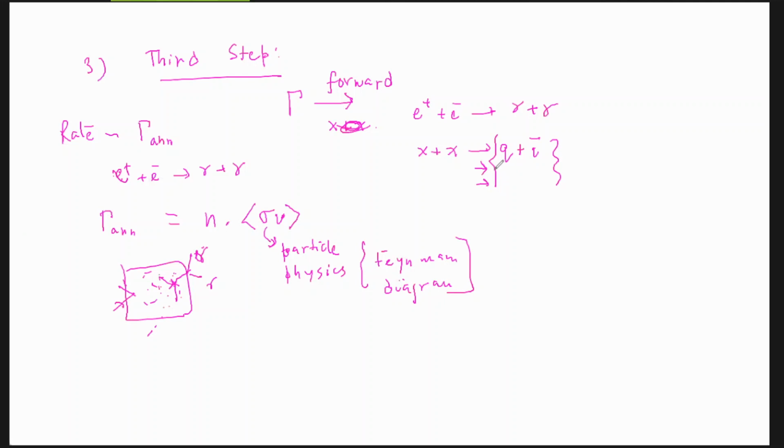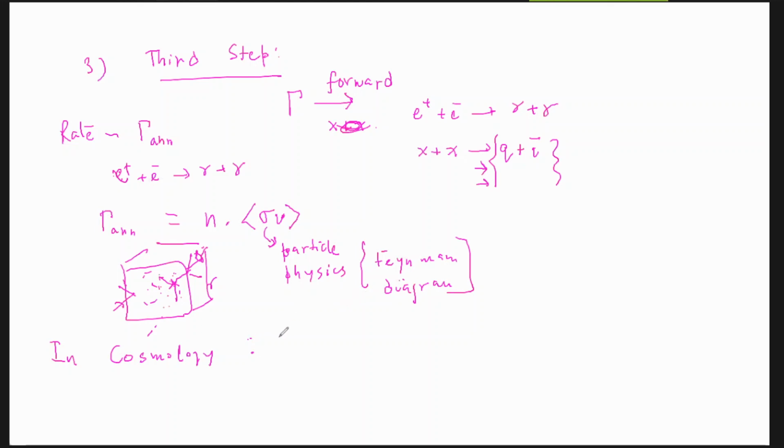Now something happens. If it was classical mechanics or thermodynamics, the box size would be constant. But in cosmology, who can tell me? The volume is increasing.